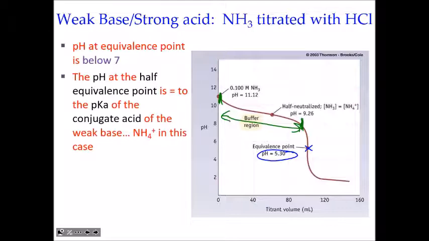So this is where it's a little bit backwards when you're titrating the weak base with the strong acid. The midpoint of the buffer region, since it's measured in pH, is going to be the pKa of the conjugate acid. So you'd have to look at ammonium's Ka, then do the negative log of that, and you can get the pH at the midpoint there.